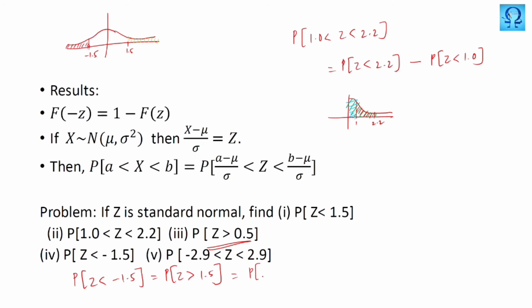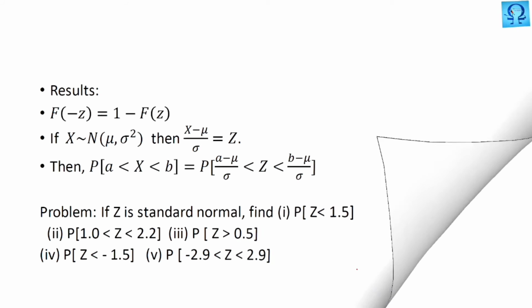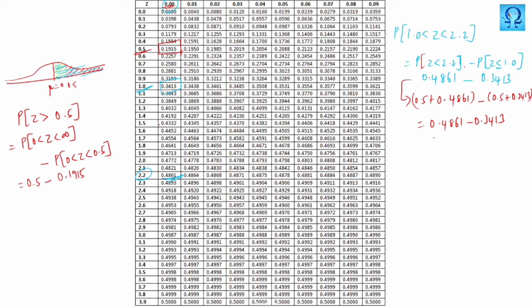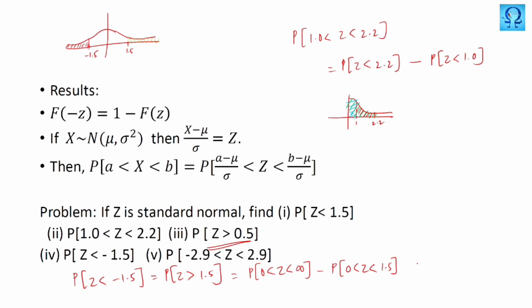It is the probability that Z lies between this quantity, and this is the same as this. Now this 1.5 is available in the table, that is 0.4332. And we know that this is 0.5, so 0.5 minus 0.4332. So this way also we can find it, provided we have only a one-sided table. When we have a table of this form for this kind of graph, we can perform it like this. If we have a two-sided table, it is well and good.